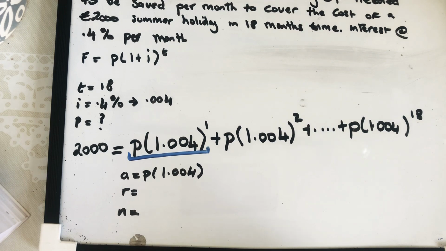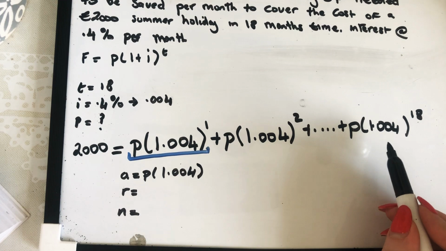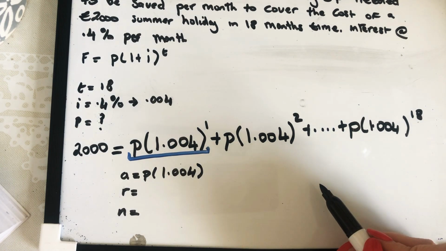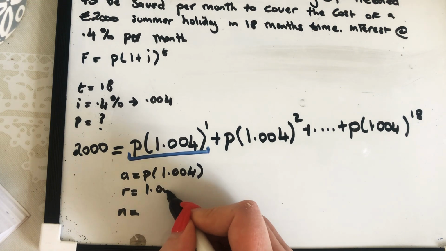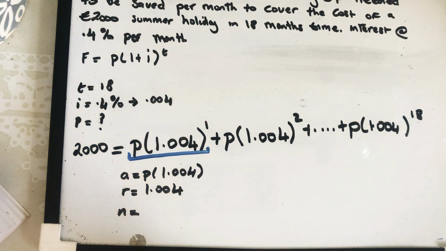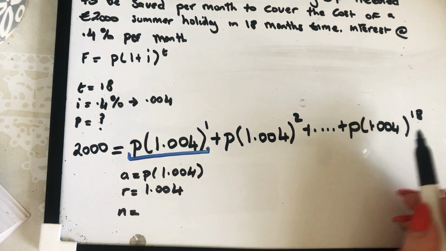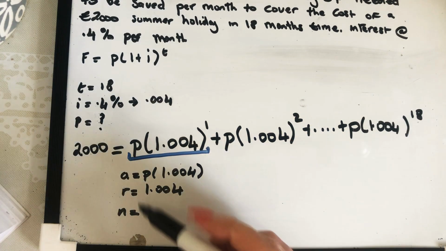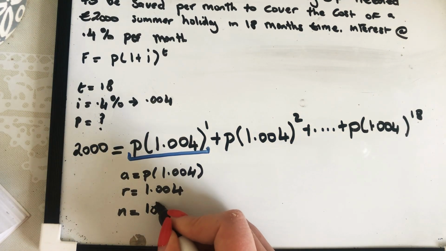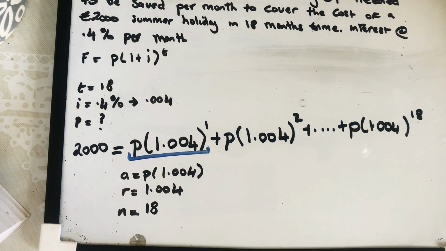So what are we multiplying each term by to get to the next term? And we can see it's 1.004. In other words, if you're stuck on this, it's just the bracket. And then our n is the number of terms we have, and of course we've got 18 terms since we're starting at a power of 1 and working our way over to 18, so 18. So there are our 3 values for our geometric sequence formula.